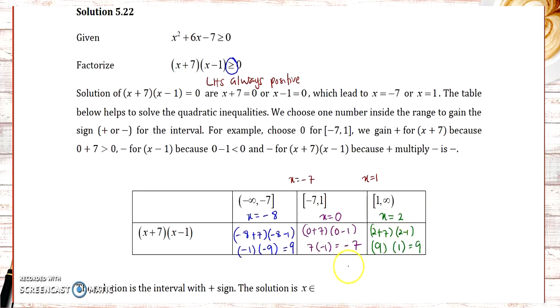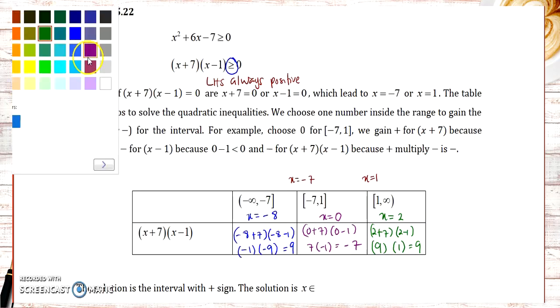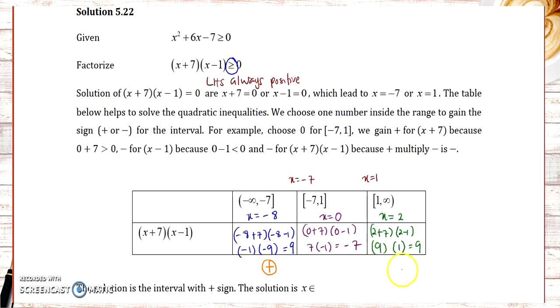So which interval satisfies the inequality? We know that the left hand side must be positive, which means we need to choose the intervals that give positive results. Positive is this interval and also this interval.